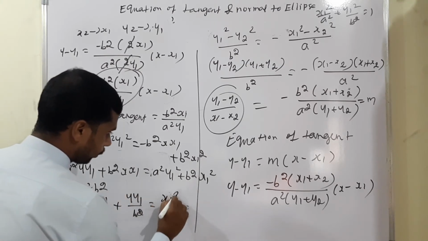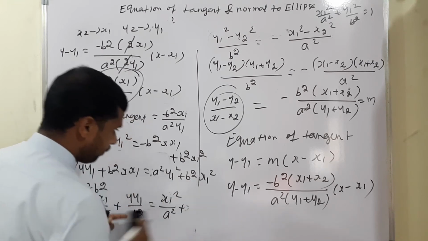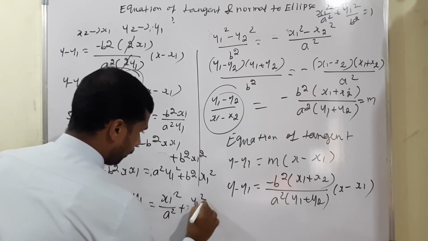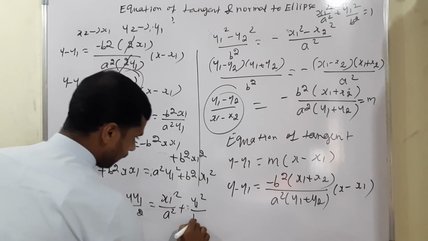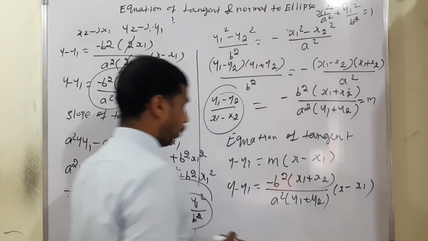We can write x1 square divided by a square, and y1 square divided by b square. This is the whole term. Starting I have written this value will be equal to 1.